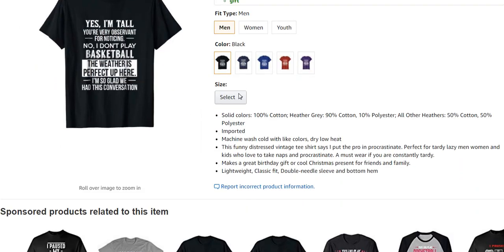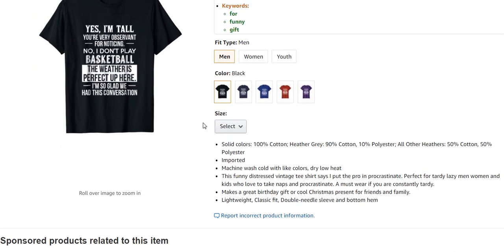What I want to look at is, have they repeated any of this down here, or did they go further into this description? And the answer is yes. As you can see here, they've added this funny distressed vintage t-shirt, but again, it really doesn't look distressed, and there's nothing vintage about the design. But those are the keywords they're using, because those are the keywords that get sales.